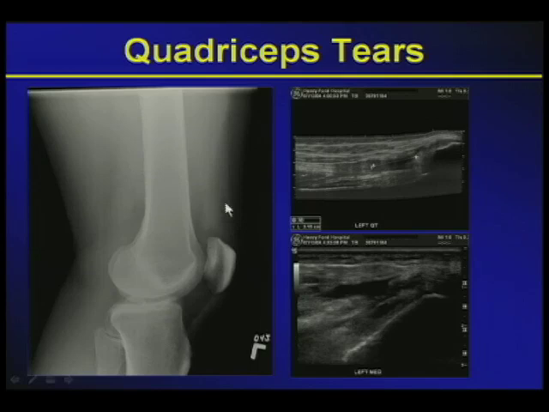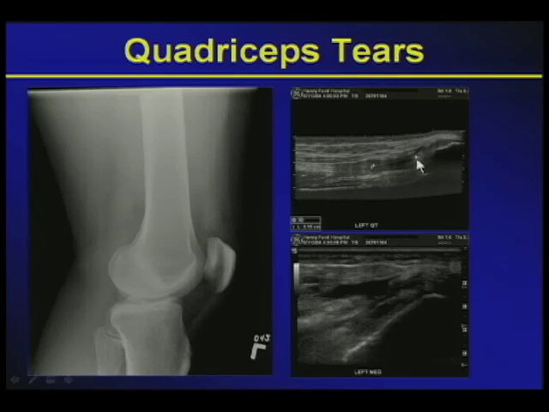Then you have a disruption of the patellar silhouette and a widening of the soft tissue outline on the external portion of the knee. But immediately on ultrasound, you can identify a measurable gap, usually filled with hematoma, and identify the proximal stump from the distal stump.